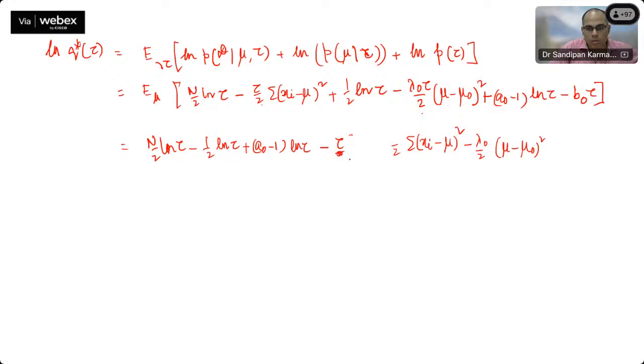So this is tau b naught minus the expectation of this particular quantity with respect to mu. Is it okay? Is anybody following this?